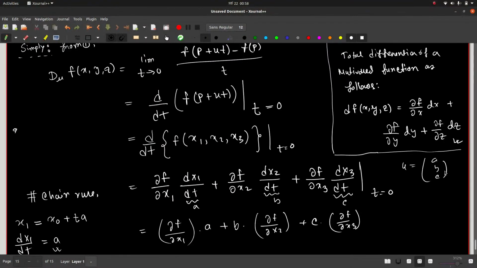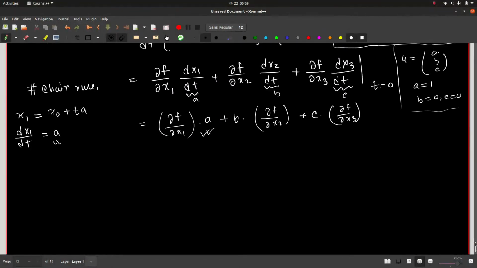So the direction vector, that is u, will contain only one element, and it will be 1. Instead of a, you will have a equals to 1 and b and c would be 0. And if you do that, you will see that the only term survives will be this one. So this is how a directional derivative generalizes those partial derivatives. And as a special case, you get the partial derivative back if you use the special conditions.